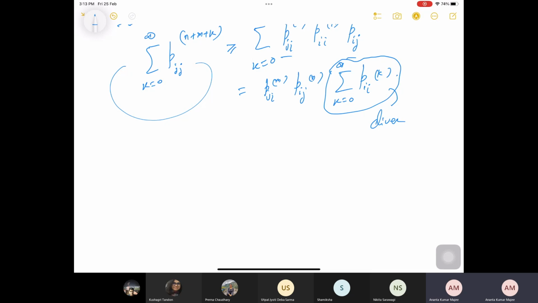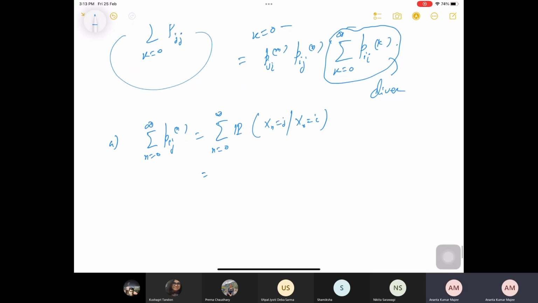One more easy consequence of this is the following. What is the summation over n equal to 0 to infinity of Pij of n? This I can write as the summation over n equal to 0 to infinity of the probability that X of n is equal to j given X of 0 is equal to I, is it not?